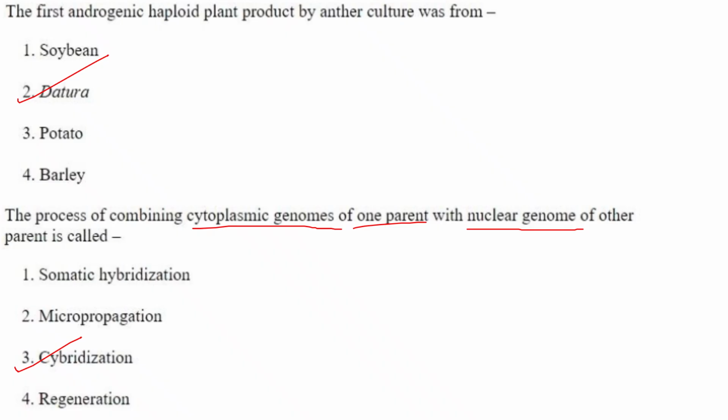So both the parents will provide the nuclear material as well as the cytoplasmic material. That is, nuclear genome also will be there, chloroplast and mitochondria genome also will be there from both the parents. It is not like one parent providing nucleus, other not providing nucleus. That is seen in cybridization only.